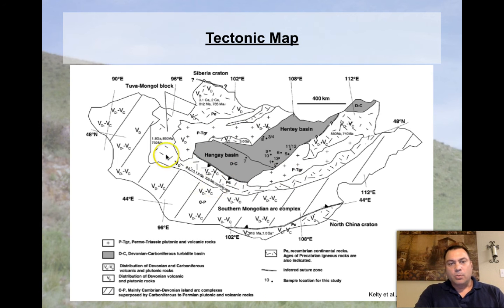We'll come into why this is argued by some according to some geotectonic models, but Arch in particular seems to like this idea of rocks being wrapped around the Hangay-Hentay Basin through a back arc basin.